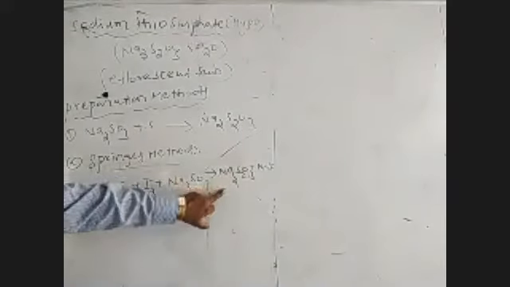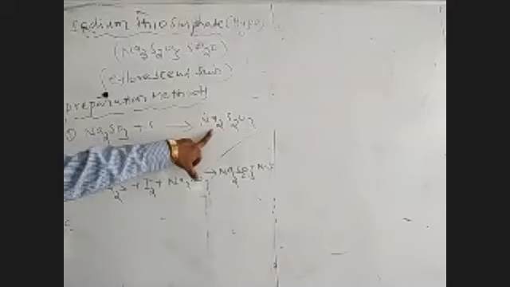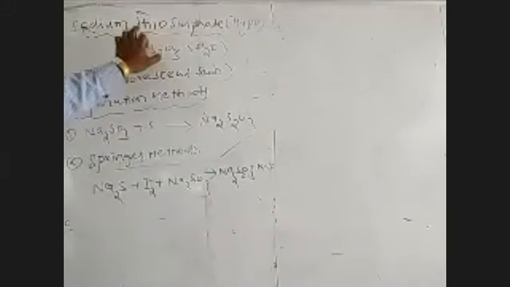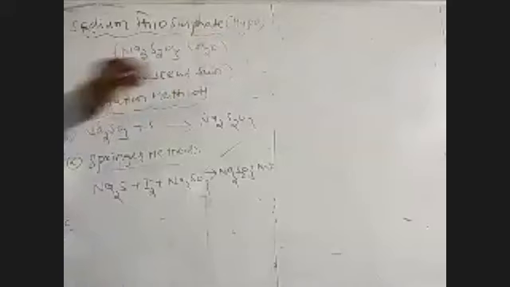Here Na2S2O3 crystallizes in the form of Na2S2O3 5H2O. Na2S2O3 5H2O is known as a hypo solution. Hypo means hydrated sodium thiosulfate. These are the preparation methods of hypo.